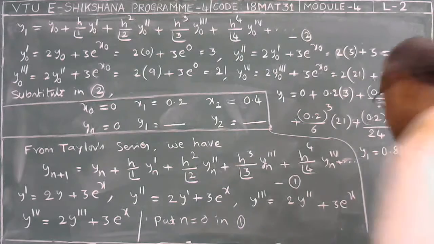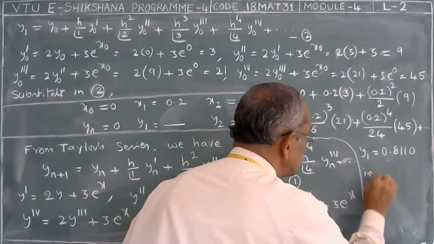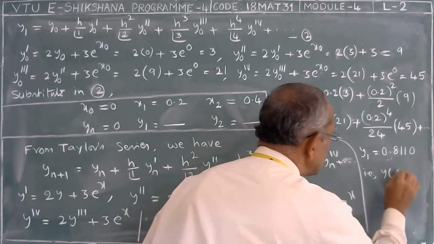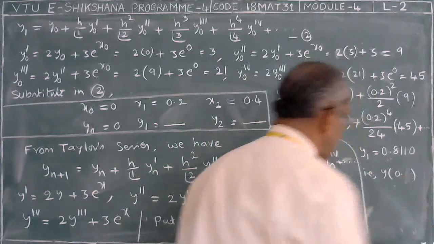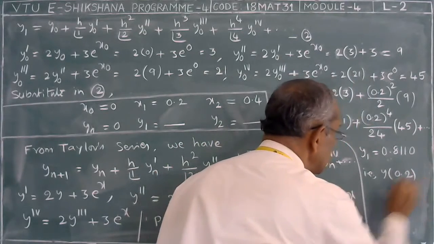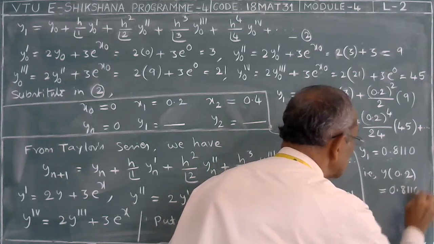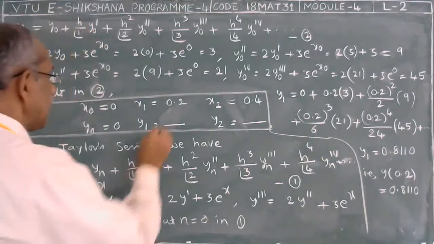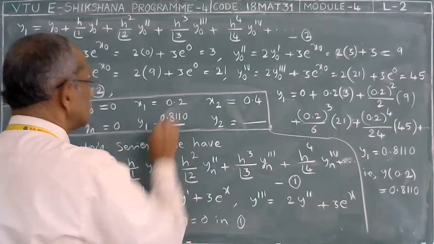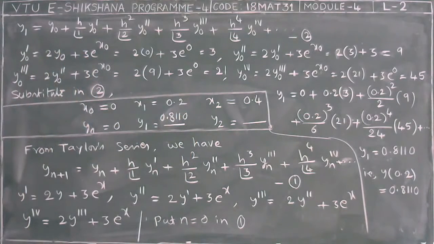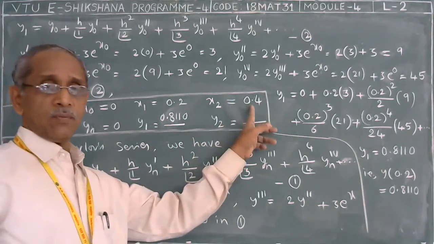That is the value of y at x is equal to x1, that is 0.2, is equal to 0.8110. Okay. So next we have to compute the value of y at x is equal to 0.4.